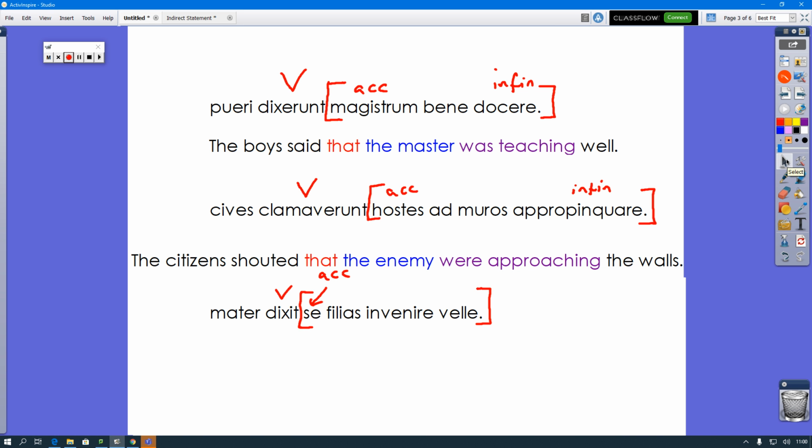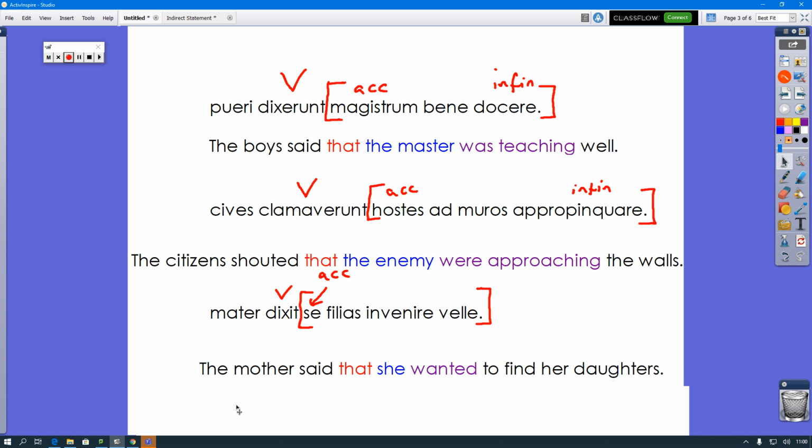If the father was talking, it'd be pater dixit se, the father said that he. And so we need to keep an eye on what the subject is to make sure that we translate se correctly. The mother said that, she, then to my infinitive, wanted, and then of course want takes an infinitive, to find her daughters.